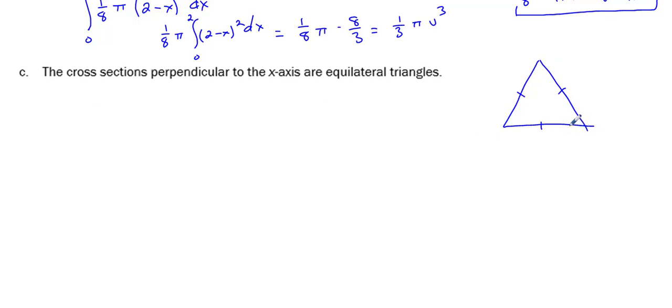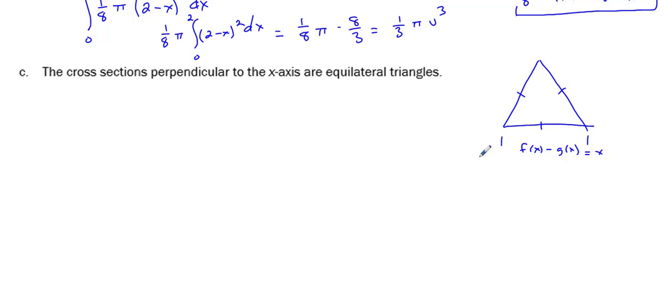If this was sitting perpendicular to the x-axis on the graph, it doesn't really matter what side's down. They will say it's an equilateral triangle. This is the length between the two curves, f of x minus g of x. Sometimes I call this x in your formulas.